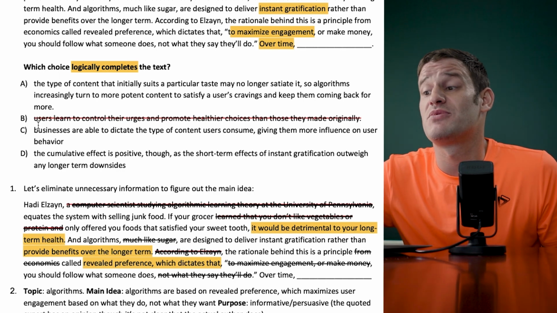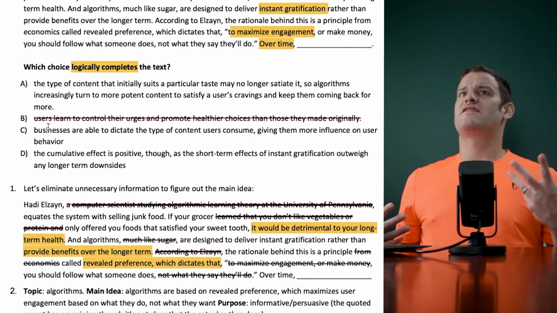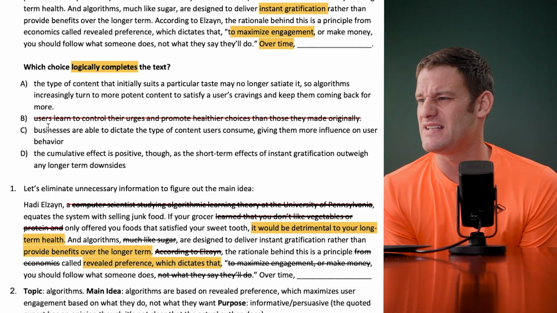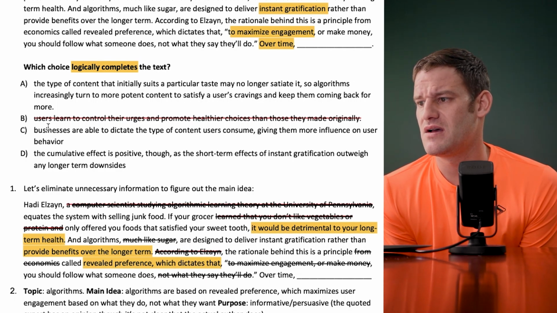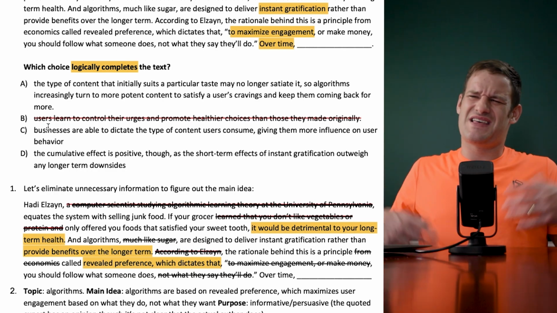C, businesses are able to dictate the type of content users consume, giving them more influence on users' behavior. Now, that is a negative effect of this. I don't know if that quite relates to revealed preference. Possibly. I would leave C for now. I'm not quite convinced. I think it's not incorrect.